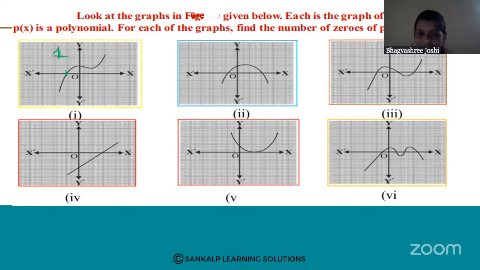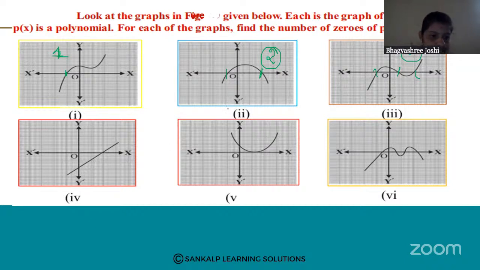In the second case, observe carefully. How many zeros does it have? 1, 2. Two times it intersects the x-axis. That means it has 2 zeros. Third case, 1, 2, 3. Three times it intersects the x-axis. Therefore, it has 3 zeros.